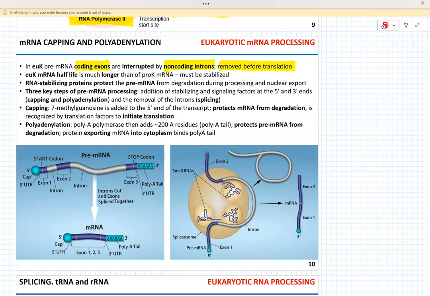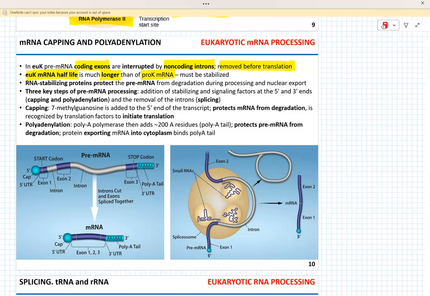It is conceivable also that the half-life of eukaryotic mRNA has to be longer than the one for prokaryotic mRNA, because it takes way more time for eukaryotic mRNA to be processed and exported from the nucleus into the cytoplasm or endoplasmic reticulum.